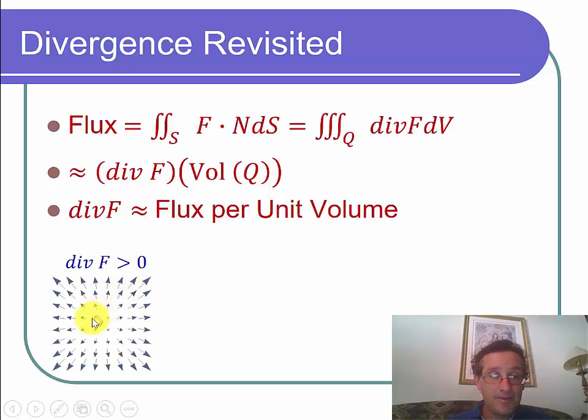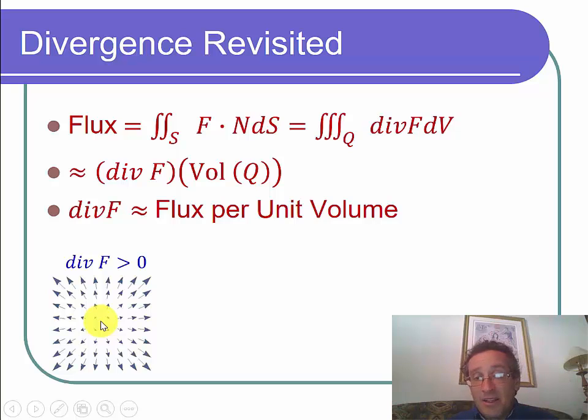So here's an example. Here is a two-dimensional cross-section of a vector field. And notice that from the center, all of the arrows are going outwards. So this is emanating vectors from that point. We often call that point a source because it's a source of vectors coming out from it.